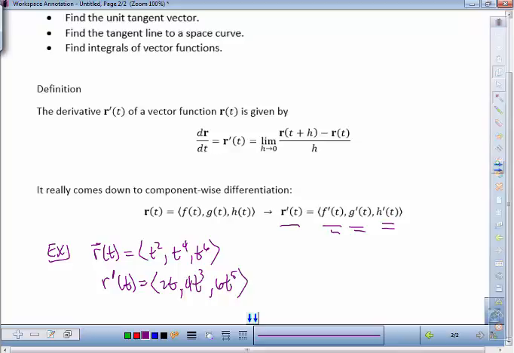So that's all there is to it. Right? So that's the easy part, just doing the mechanics. But on top of that, let's see if we can start applying this idea to a space curve. Oh, by the way, this is the tangent vector at any point t that we choose.